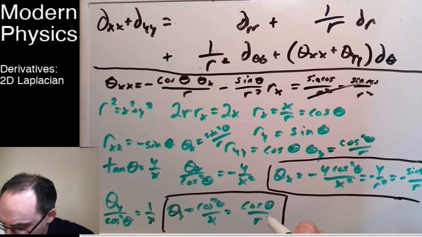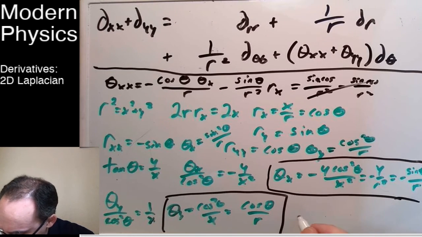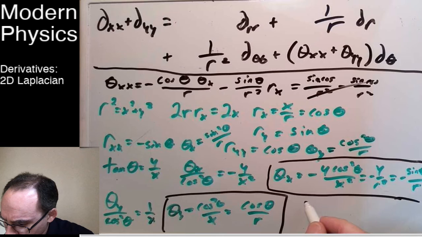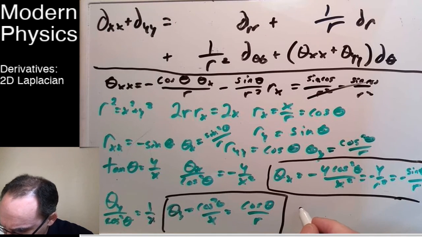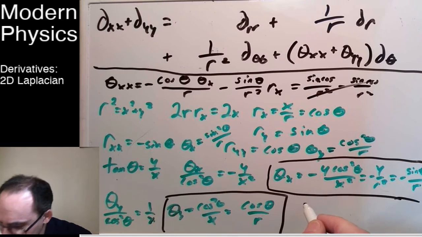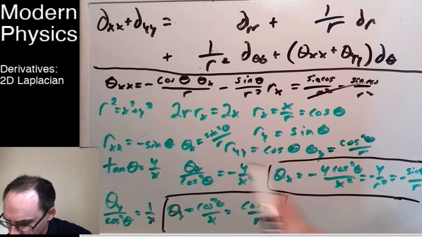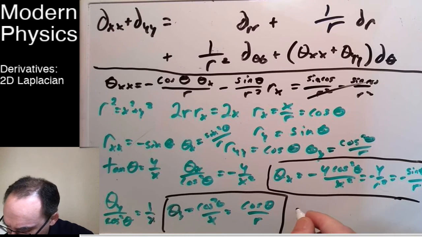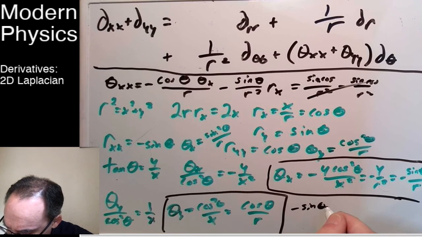A similar thing we can see, maybe. Let's do it. Let's see what happens with the theta yy term, but we can probably guess that it's going to be similar. I feel like I forgot a minus sign there, but it looks okay. A minus sign, positive, minus sign. We'll check. I take the derivative of this with respect to y, I'll get here a minus sine theta over r, and then theta sub y.